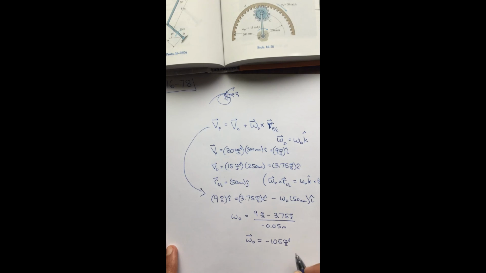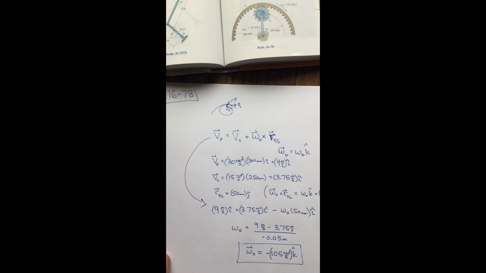If we write it as a vector, we have this. Since it's negative, it is going in the clockwise direction. And that is problem 78.